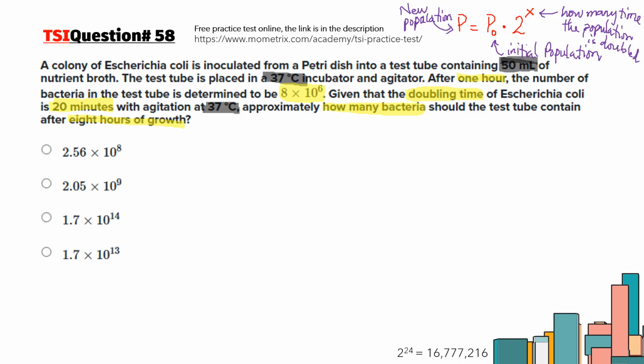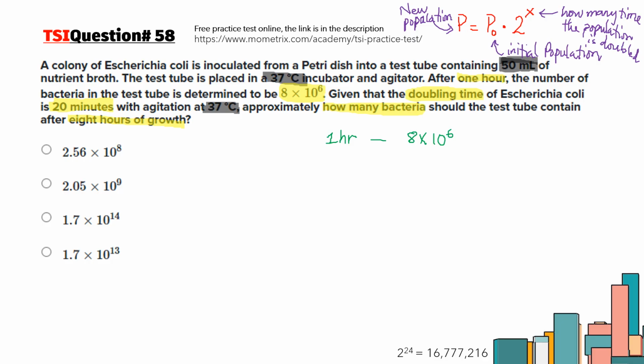Now they don't give you the initial population, but they give you the hint that in 1 hour it grows to 8 times 10 to the power of 6 individuals.